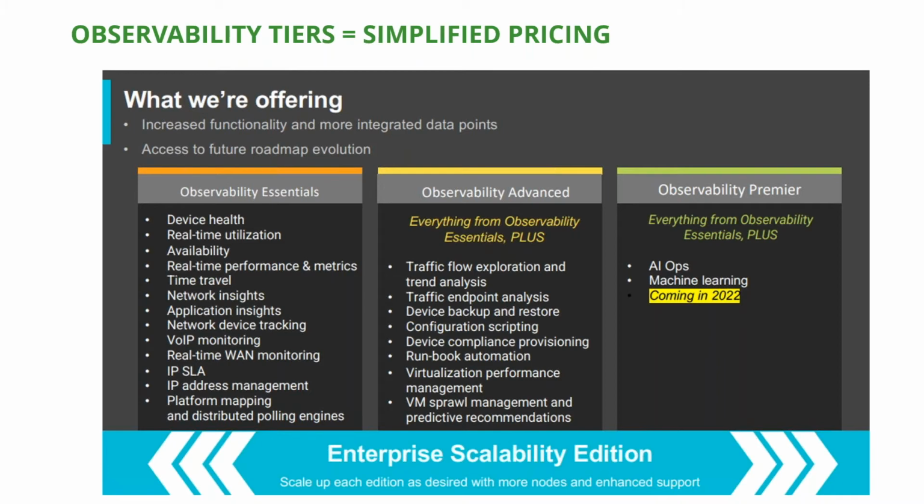So, as of the moment, these are the two tiers that are available for our customers: the Observability Essentials and the Observability Advanced. In the future, coming within the latter part of the year or next year, would be the Observability Premier tier.